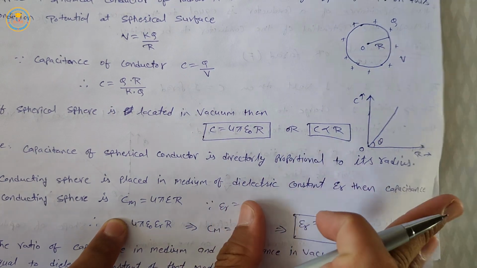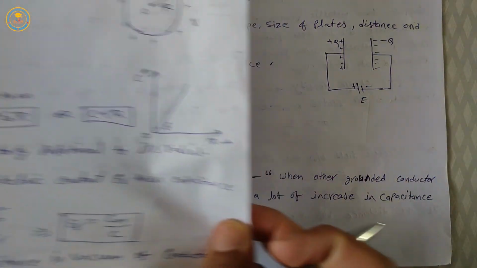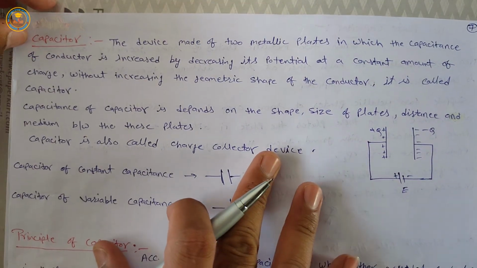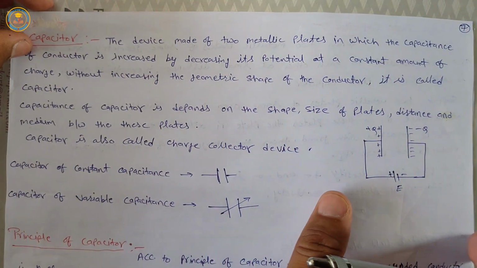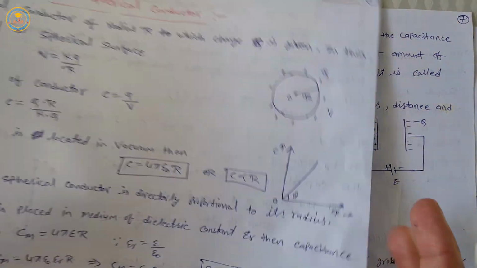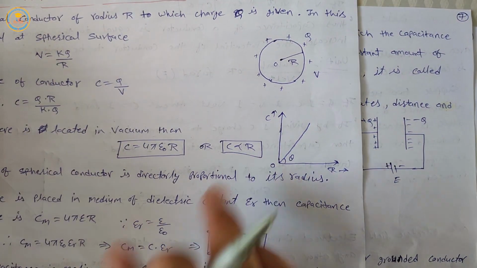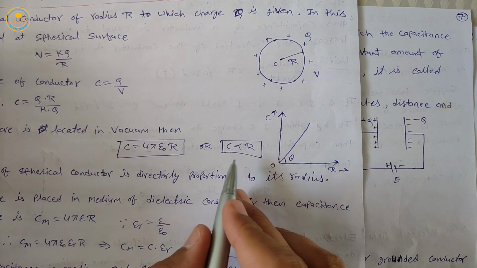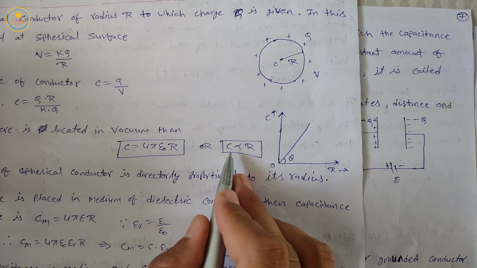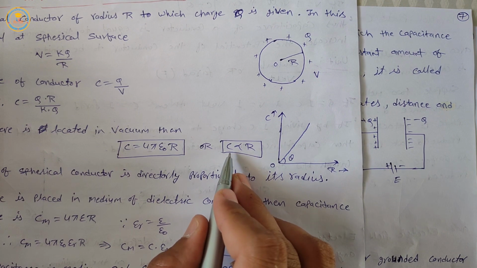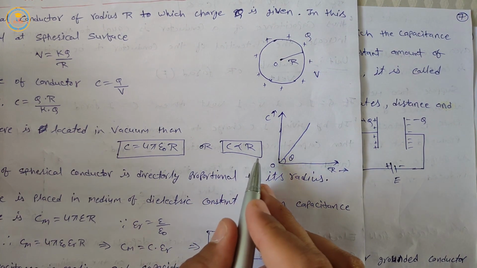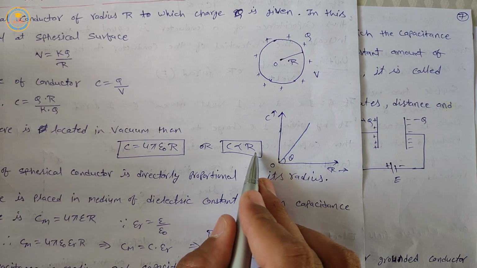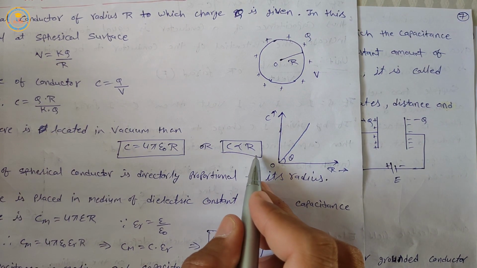Okay students, now our next topic is capacitor. According to this formula, if we want to increase the capacitance of a conductor, then we will increase the radius of that conductor.